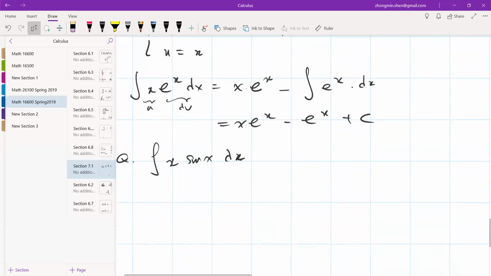So similar to the above problem, if it's the integral of sine x only, you know how to evaluate it. Sine x is still a pretty friendly function. It's not like the natural log of x.